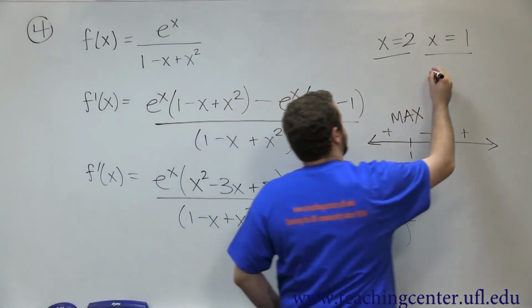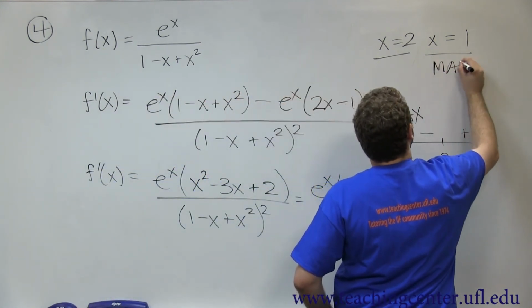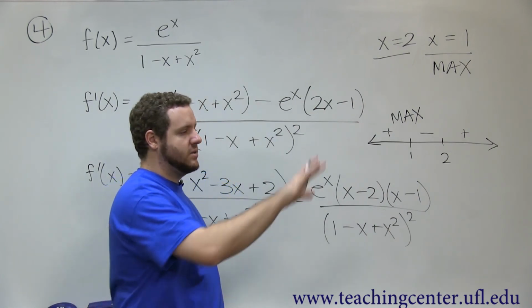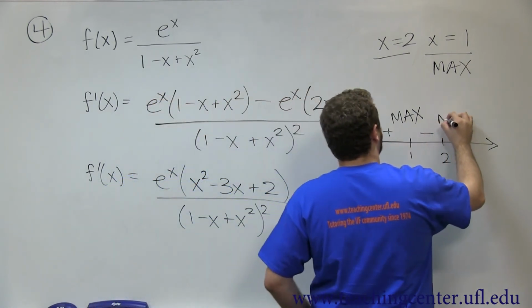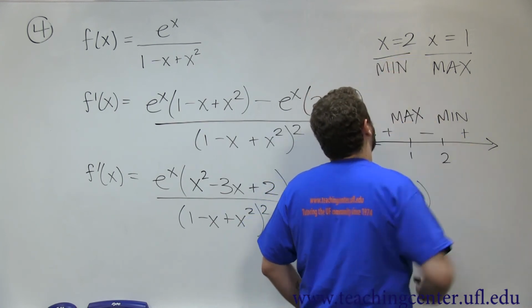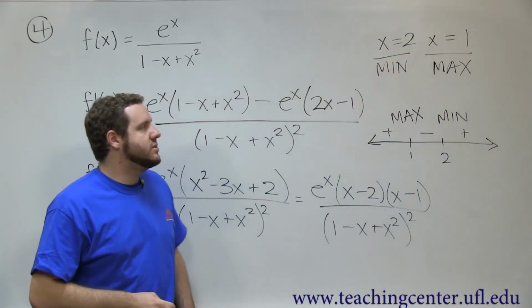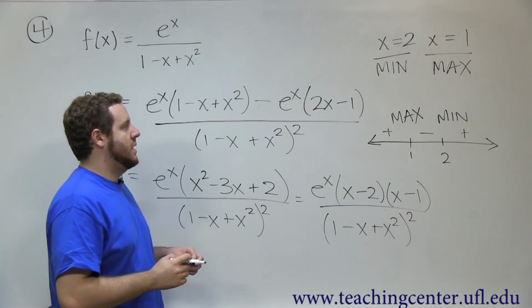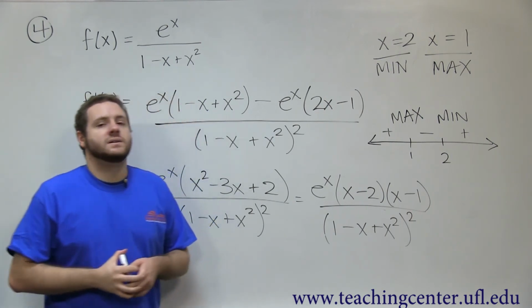I'll write that right here under where I wrote x equals 1. And at x equals 2, it goes from decreasing to increasing, so that has to be a min. So we have two critical values. The one at x equals 1 is a maximum, and the one at x equals 2 is a minimum.